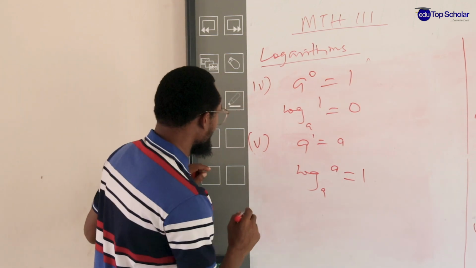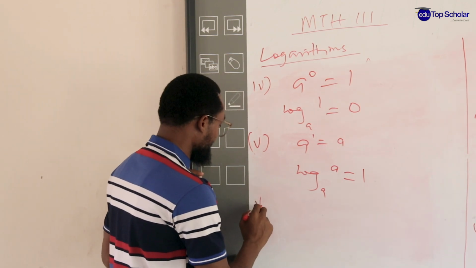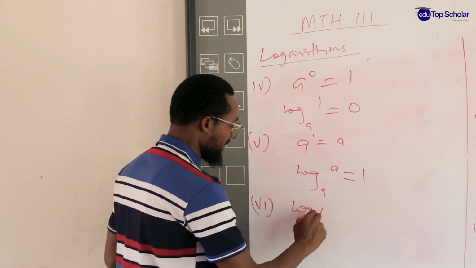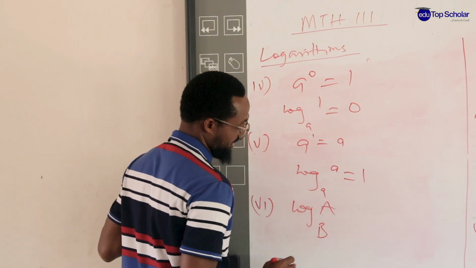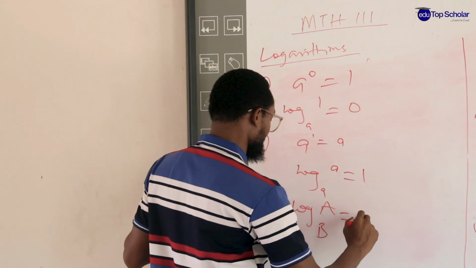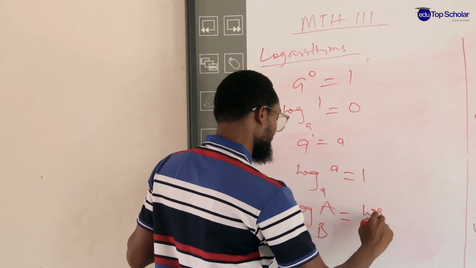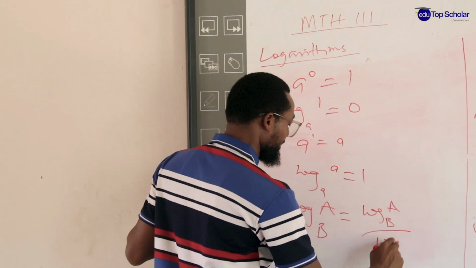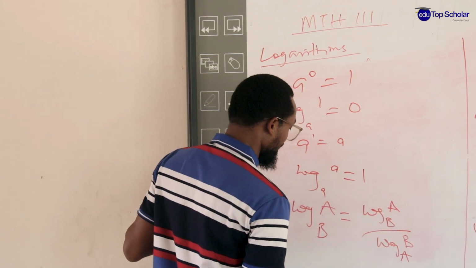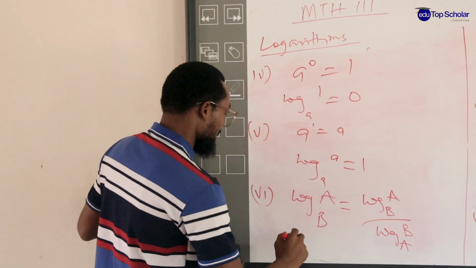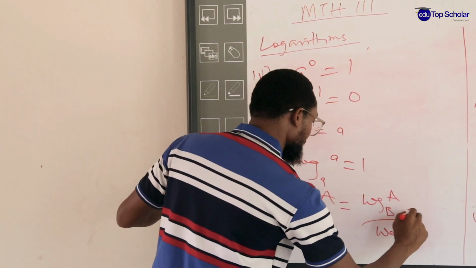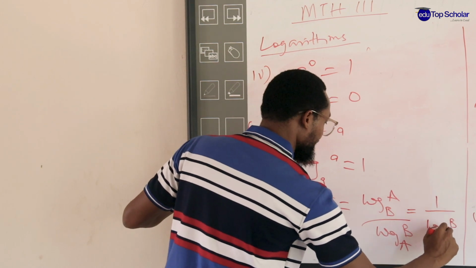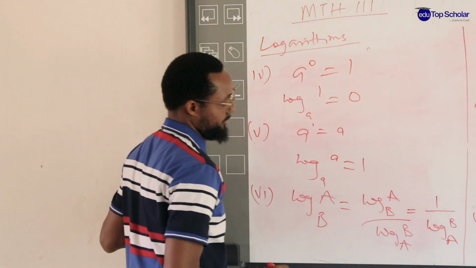And now, we also have law number 6, which is the change of base. If we have log a to base b, this can be equal to log a to base c over log b to base c, or this is also equal to 1 over log b to base a.